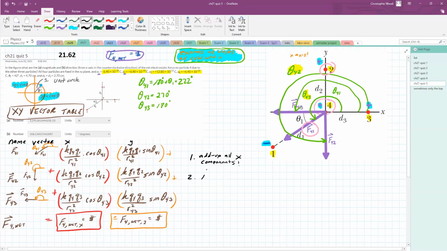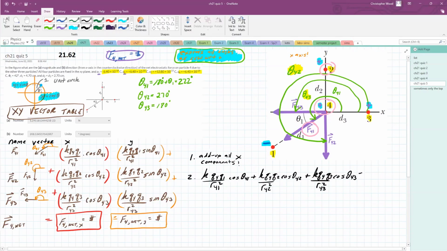I get k q4 q1 all over r41 squared cosine theta 41, plus k q4 q2 all over r42 squared cosine theta 42, plus k q4 q3 all over r43 squared cosine theta 43.